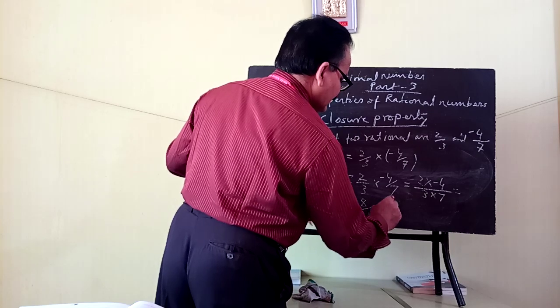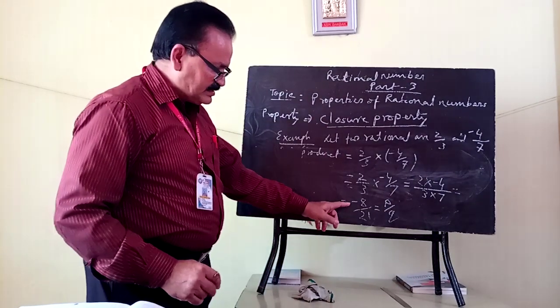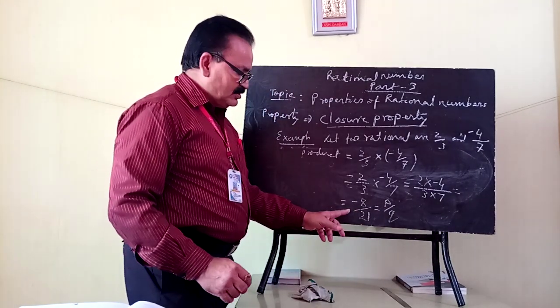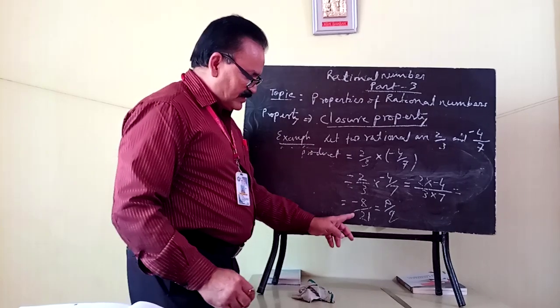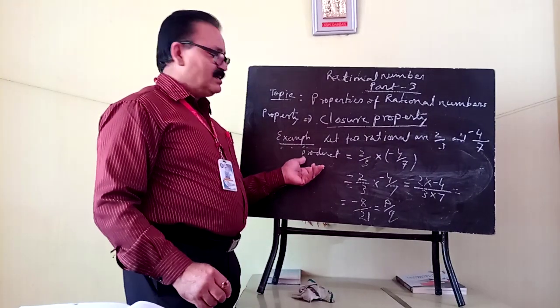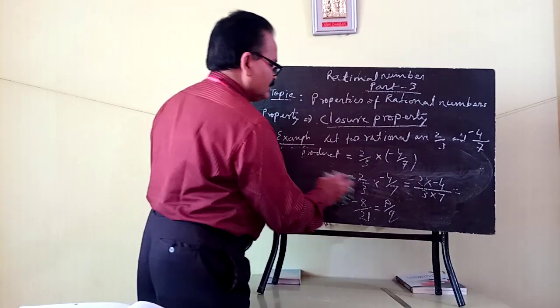Again this is in P by Q form. So this minus 8 by 21 is also a rational number, so it is true for the product. Okay, should I remove it?